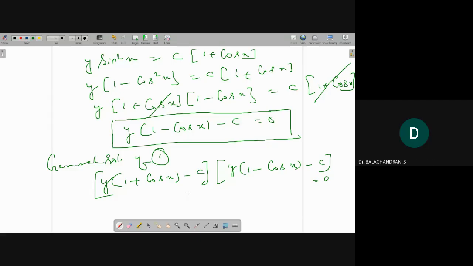Oh, okay. From that, is it possible to convert in terms of 1 plus cos x or 1 minus cos x? Yes, sir. Okay, then you can reduce. If it is possible, then you can go up to that. I am expecting the most simplified form. Okay, sir. Thank you.